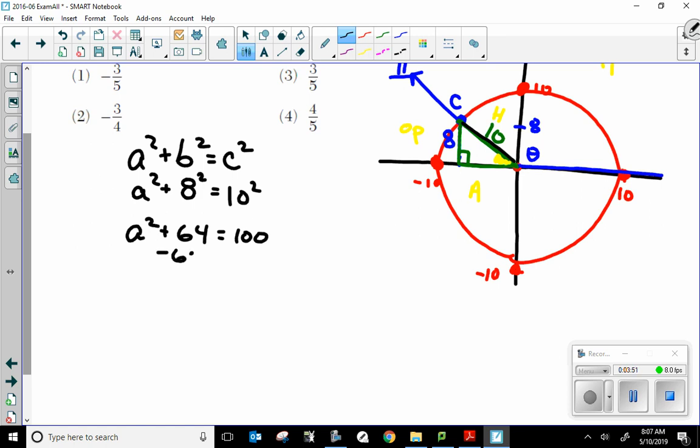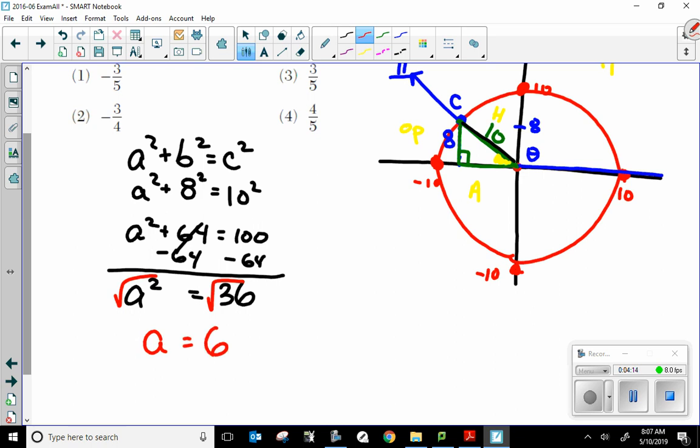I am going to subtract 64 from both sides. Of course, you have a calculator, so there's no way you should mess this up. So A squared is 36, and I don't want A squared, I want A. So I still need to take the square root, and that tells me that my side has a length of 6.